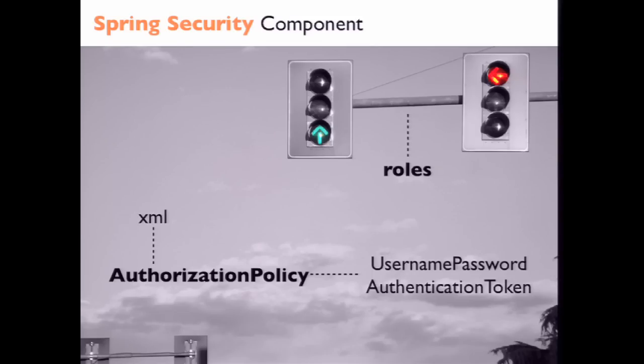And, well, that's a little bit of configuration work inside XML, but it's relatively easy. And what is left is you need a username password token inside your message header, and Camel verifies which user you are, whether your password is valid, and whether you have the correct role to access the route part you want to access. And that's it.